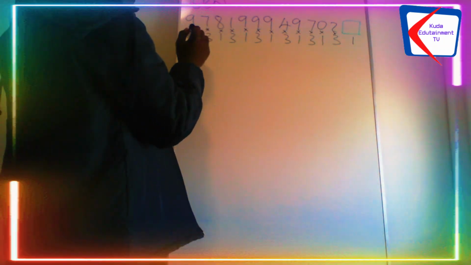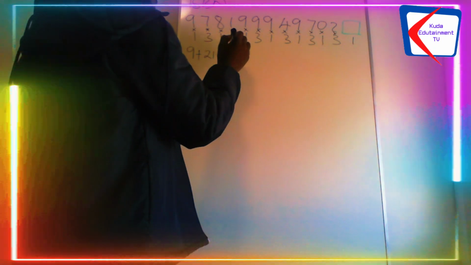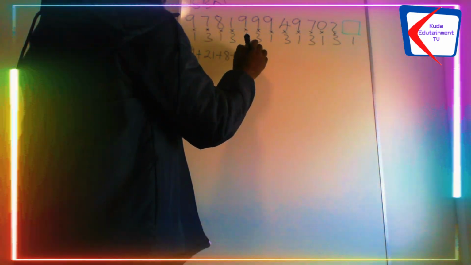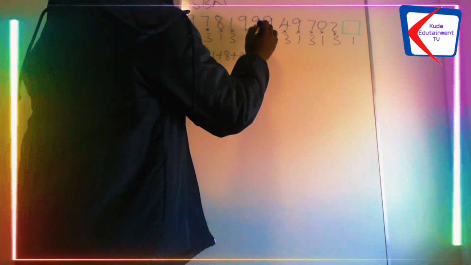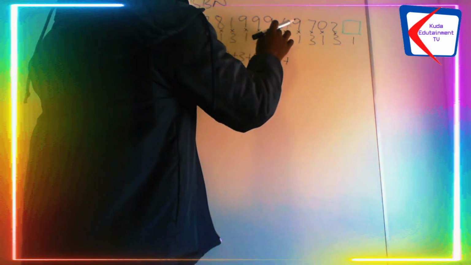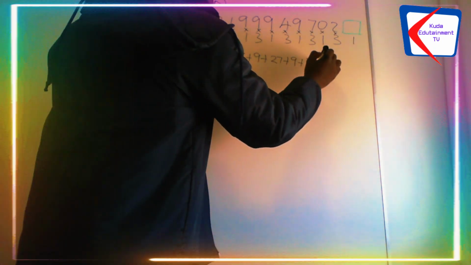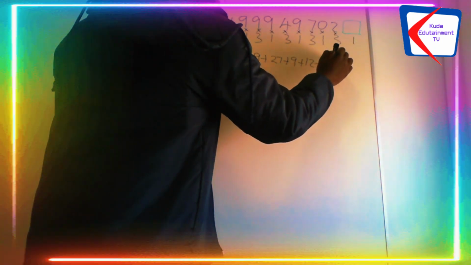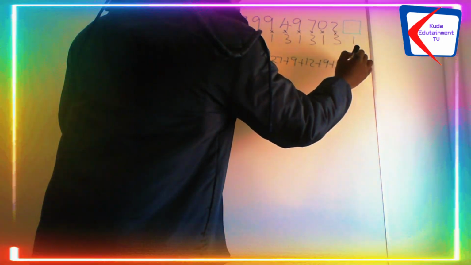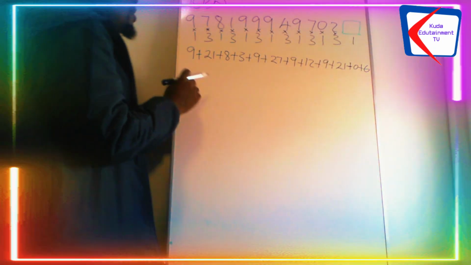So 9 times 1 gives us 9, plus 7 times 3 is 21, plus 8 times 1 is 8, plus 1 times 3 is 3, plus 9 times 1 is 9, plus 9 times 3 is 27, plus 9 times 1 is 9, plus 4 times 3 is 12, plus 9 times 1 is 9, plus 7 times 3 is 21, plus 0 times 1 is 0, plus 2 times 3 is 6. So these are the numbers that we have now.